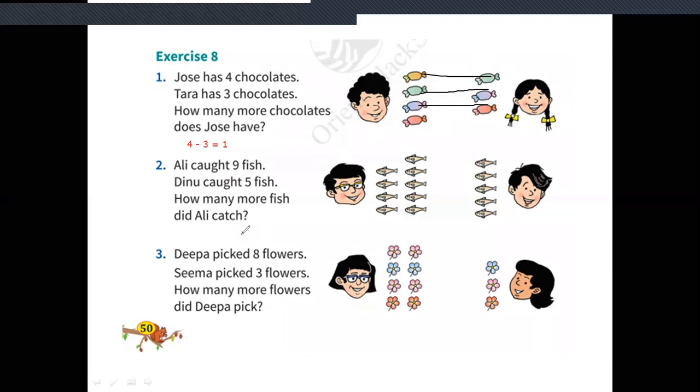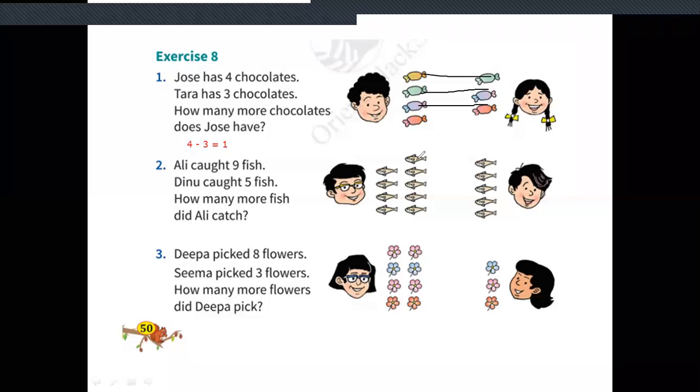Okay, similarly, we will do these sums. Ali caught 9 fishes. Dinu caught 5 fishes. How many more fish did Ali catch? See now, Ali caught 9 fish. Dinu caught 5 fish. How many more fish did Ali catch?